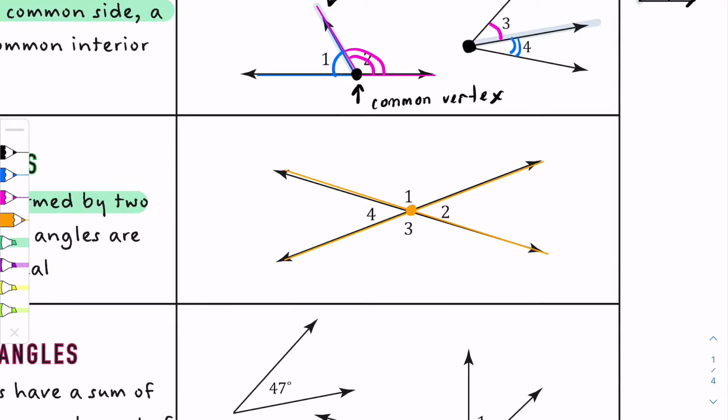So across from each other, these angles are going to be congruent. Angle 1 and angle 3 are congruent. Also, angle 4 and angle 2 are congruent. If I write this out, I know that angle 1 is congruent to angle 3, and angle 2 is congruent to angle 4.